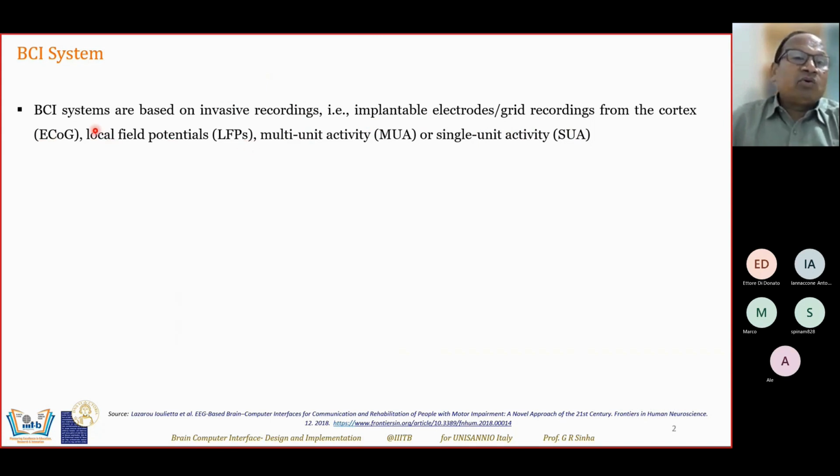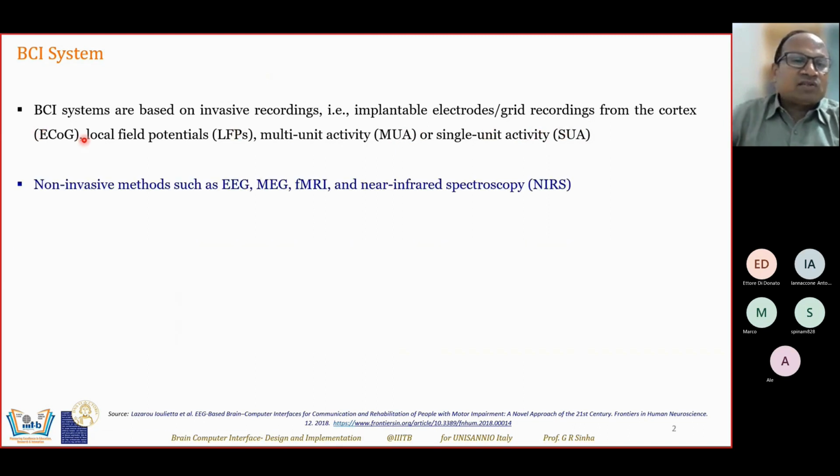This is a very popular term, local field potential, called LFPs. Multi-unit activity, indicated by MUA, or single unit activity, called SUA. So we get the recordings in the form of these things in all the BCI systems.